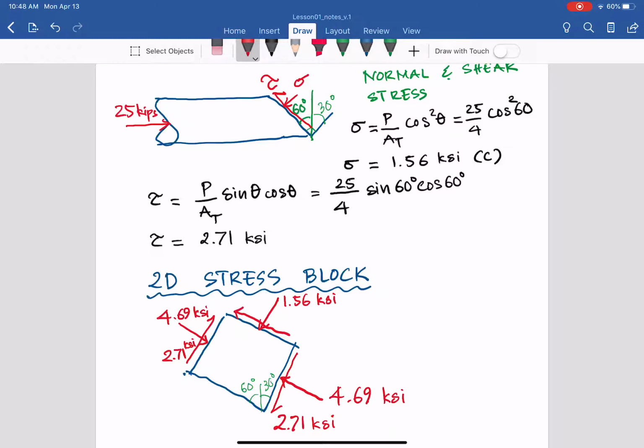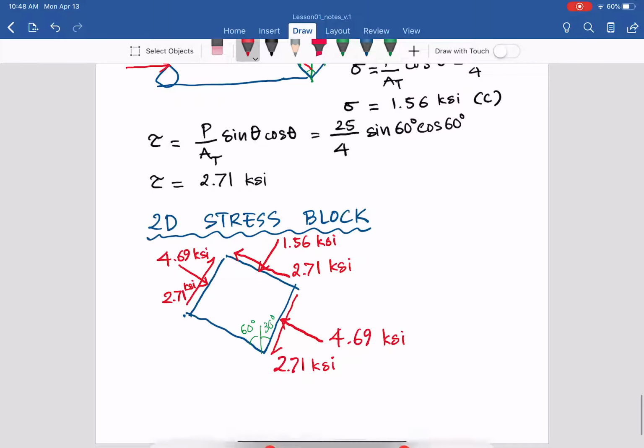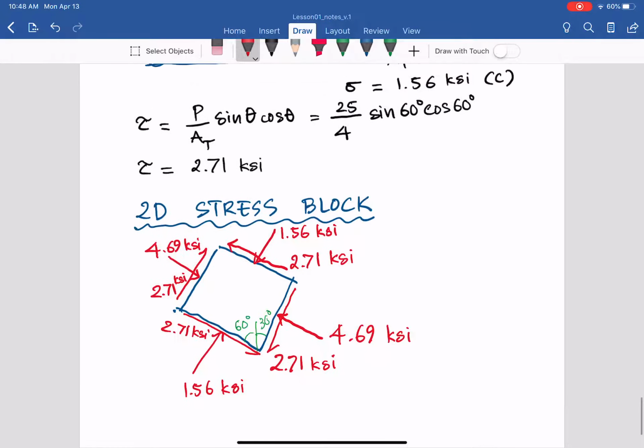On the opposite side, we do the same to make equilibrium: 1.56 ksi, and tau going down parallel to that cut, equal to 2.71 ksi. That we call a state of stress block.